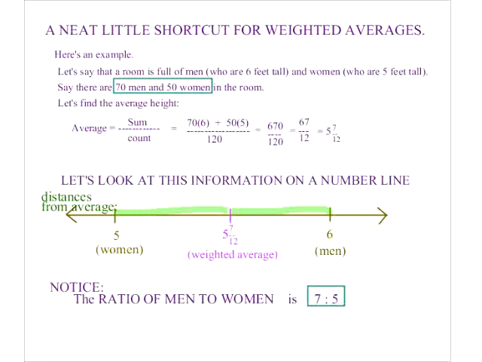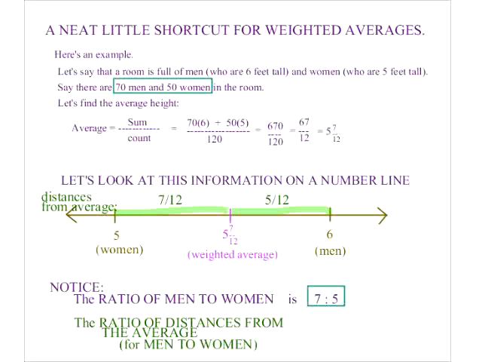This distance is 5/12. Notice that that's the same ratio, only in reverse. The ratio of distances from the average for, again, men to women is exactly the opposite ratio. It's 5 to 7.